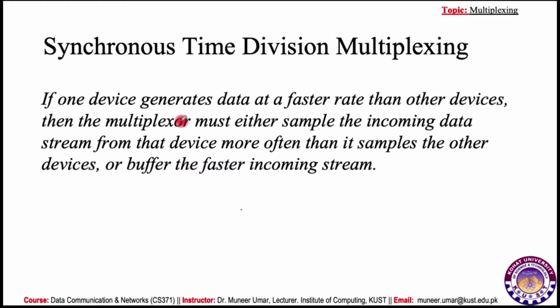If one device generates data at a faster rate than other devices, then the multiplexer must either sample the incoming data stream from that device more often than it samples the other devices, or buffer the faster incoming stream. So we have two options.